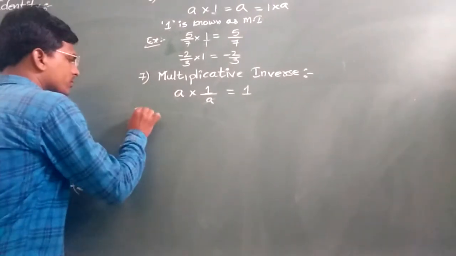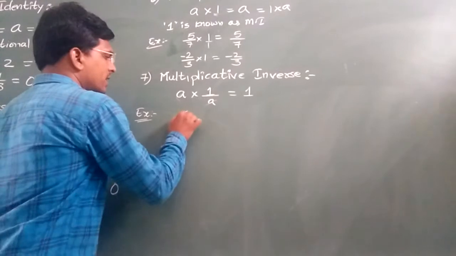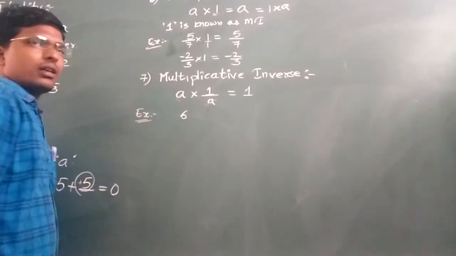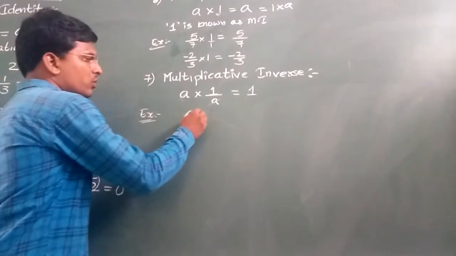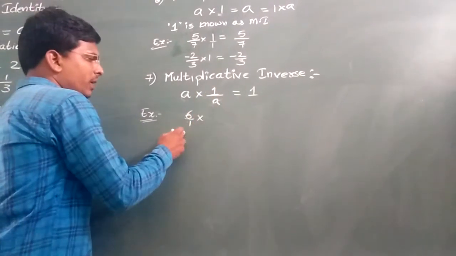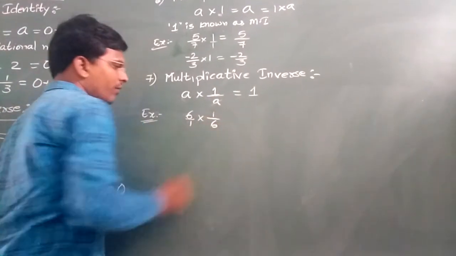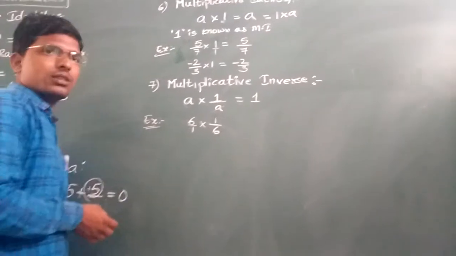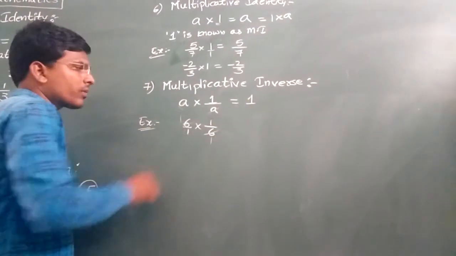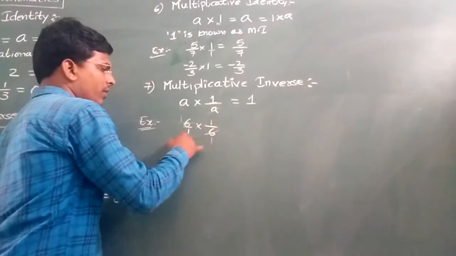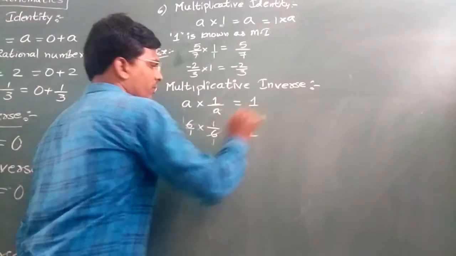For example, if you take 6, 6 is a normal rational number. Why? Because we can write it as 6 by 1. So what is the multiplicative inverse of 6 by 1? Here we can write 1 by 6, just the reverse of it. Why? Because we can cancel 6 ones and 6 ones. 1 ones are 1, 1 ones are 1. So your answer is 1.